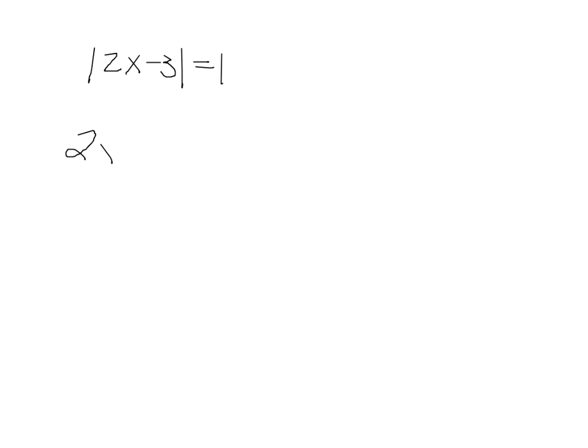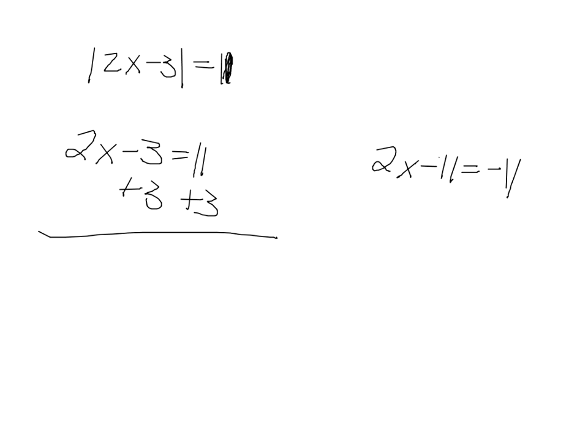So let's solve it by hand now. 2x minus 3 could be 11. You're probably wondering what I was doing. So 2x minus 3 can be equal to 11, or 2x minus 3 can equal -11. So we solve each equation.